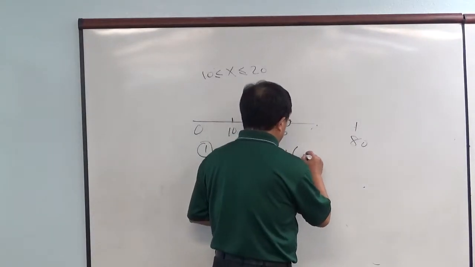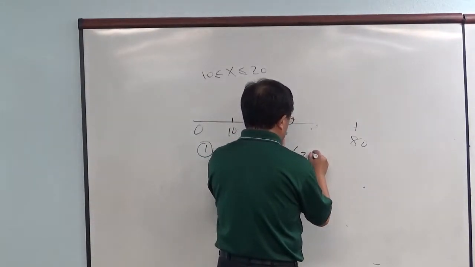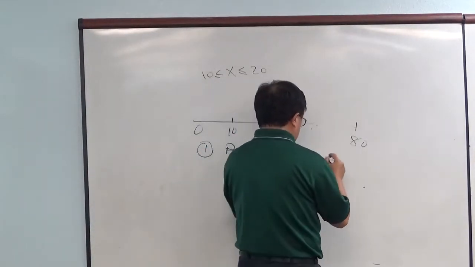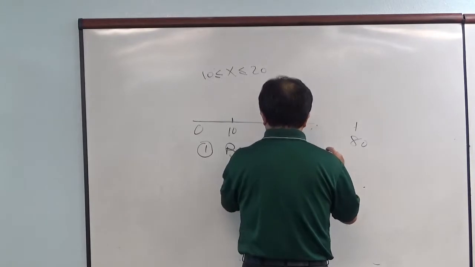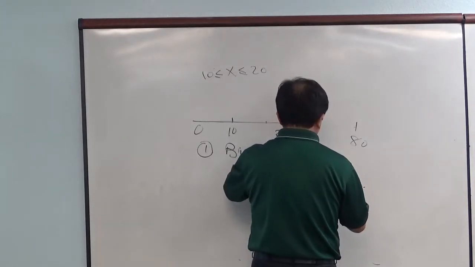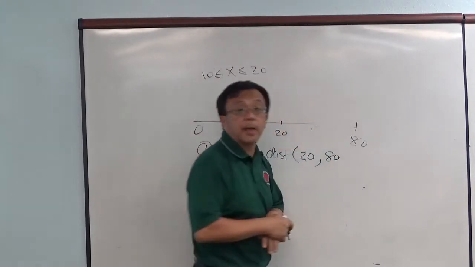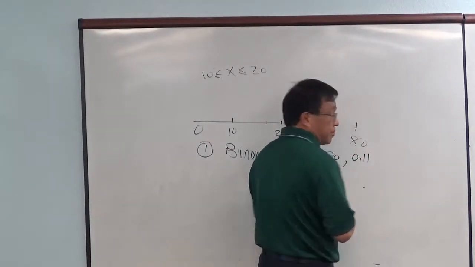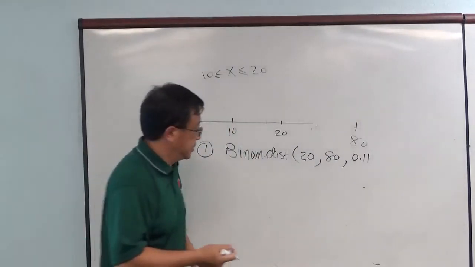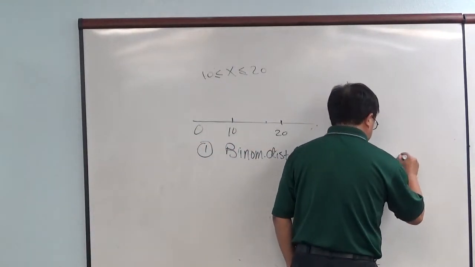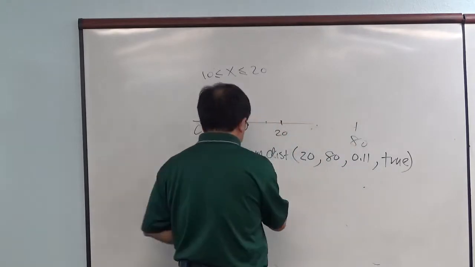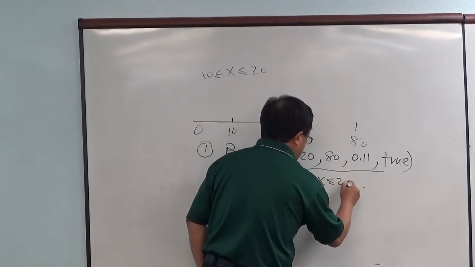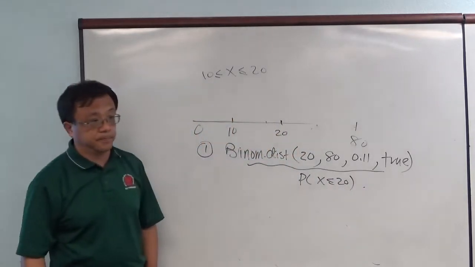You put 20 here, and 80, because you interviewed 80 people, and 0.11 for each person, and select true. So this number is the probability x is less than or equal to 20.